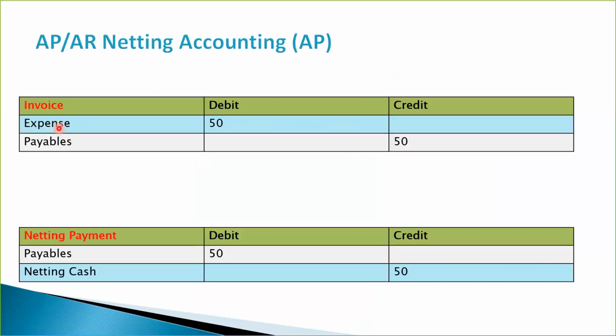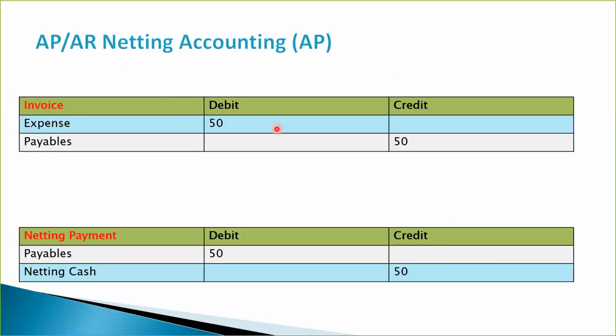Now, let's talk about the accounting that's created when we do this netting process. So in AP, we know that when we receive an invoice from the supplier and we enter it, this is the accounting that's created.